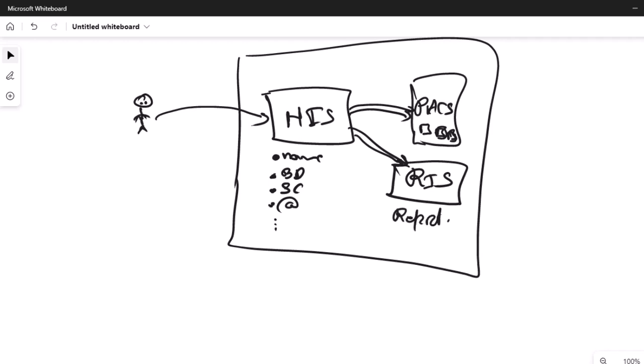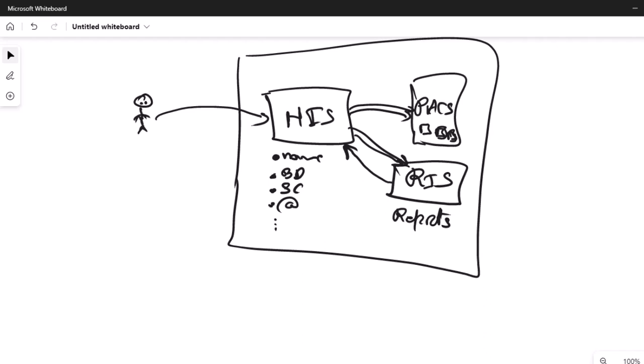So the reports would be made by radiologists about this patient on the RIS system, and then this report would be sent to the HIS so that the HIS can be aware of the existence of these reports.